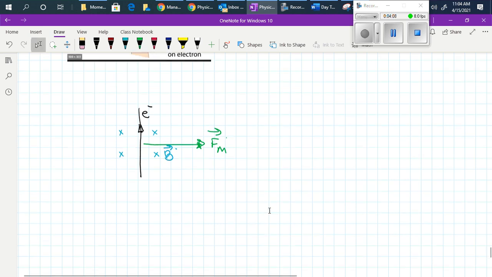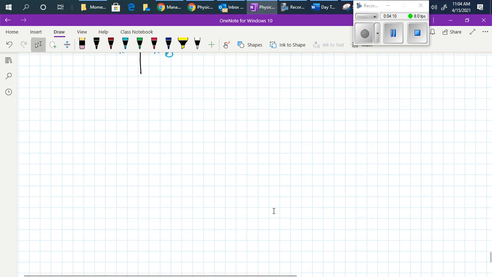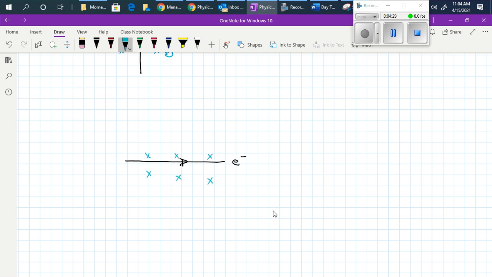Okay, let's see another example. Let's suppose that we now have an electron that is moving in the east direction, and then we have an external field that is into the page.